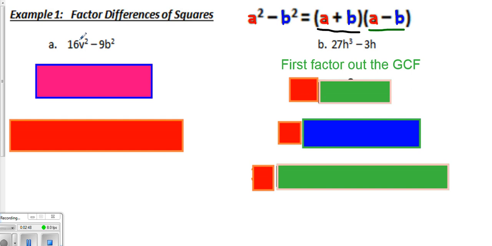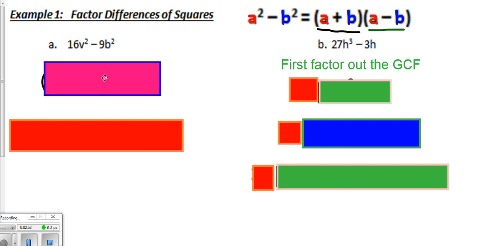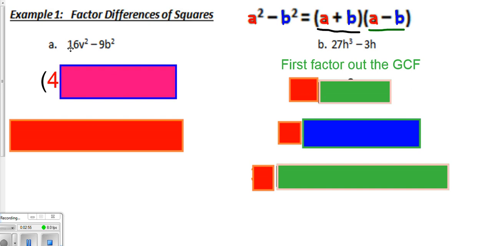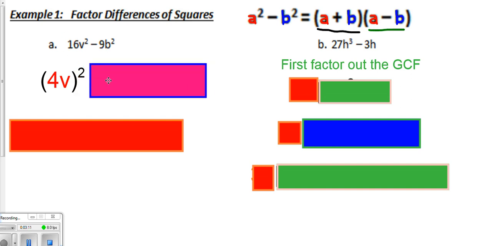If we have 16v squared, square root of 16 is 4. 4 times 4 would be 16. Square root of v squared, or what times itself would make v squared, would just be v. So this whole monomial is 4v, and to make it into the 16v squared, we're taking that whole monomial and squaring it. So we recognized that this piece is the same as this piece.